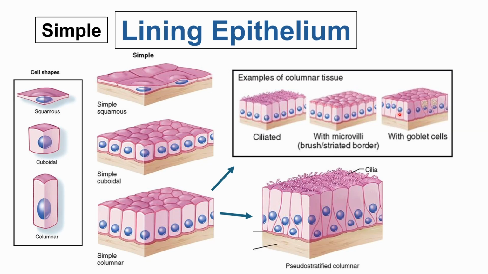Then, in your simple type of lining epithelium, you have a special one. It's so special and weird looking that it has an entirely different way of naming it. This would be your pseudostratified columnar epithelium. So, when we say pseudo, it means what? Fake, right? Stratified. What does stratified mean? Stratum, strata. When you say stratum, anong naiisip natin? What do we think of? More of like the stratum, strata in society, right?